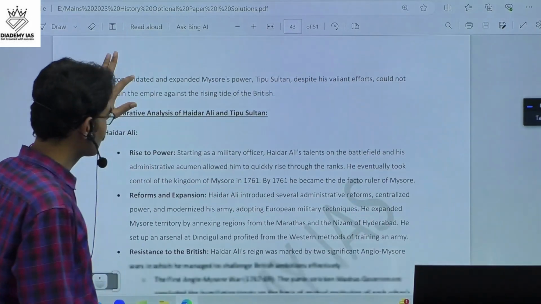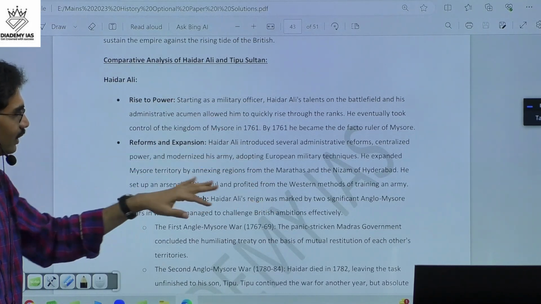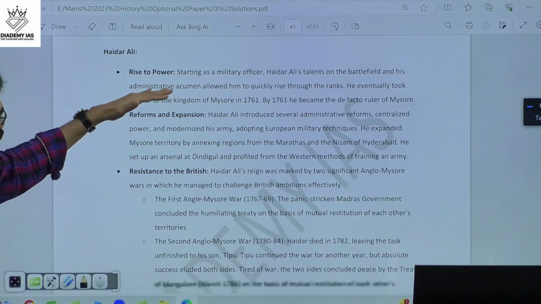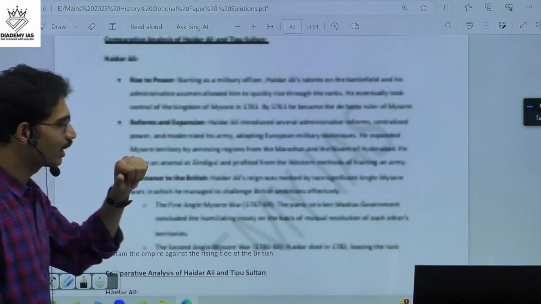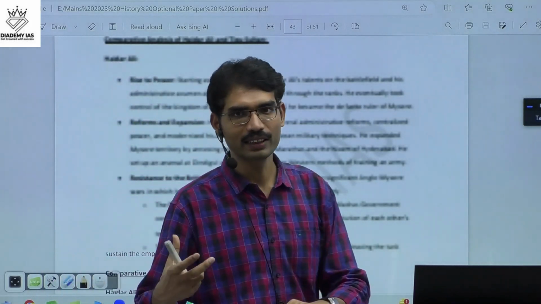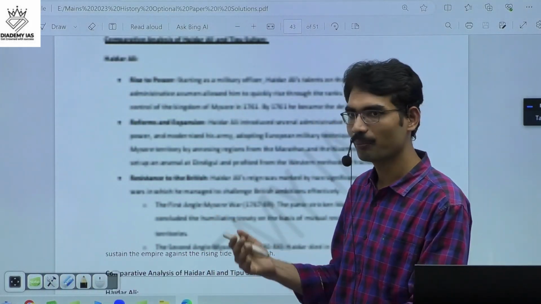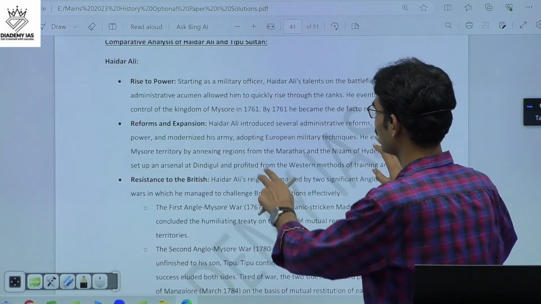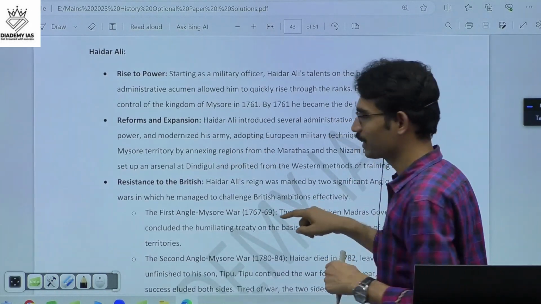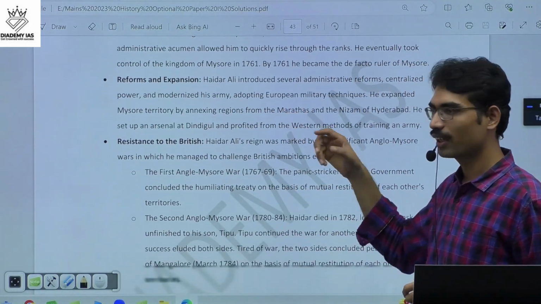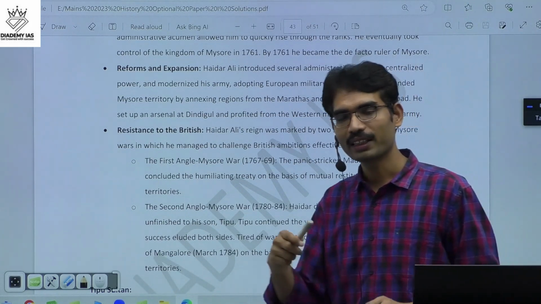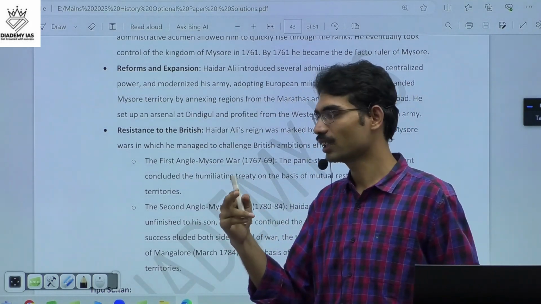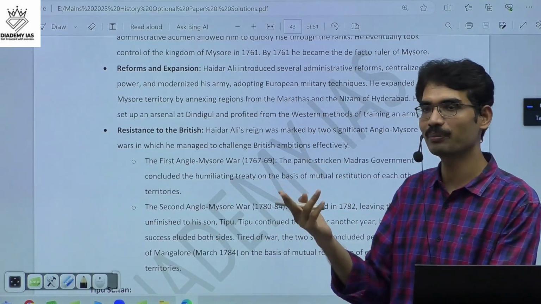So the first one, it's comparative. Initially, Hyder Ali, what are his rise to power and his reforms. He created a military factory in Dindigul also. That also you are going to write. Then resistance to the British. As long as Hyder Ali was there, in the first Anglo-Mysore war, Hyder Ali defeated the British.